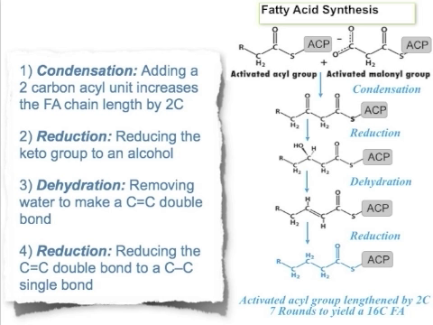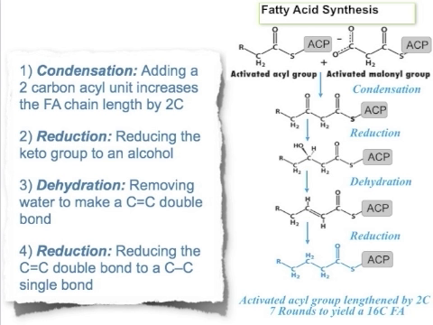And so these are the reactions that we're going to do to make fatty acids. We're going to start with condensation. We're going to add a 2-carbon acyl unit to increase the fatty acid chain length by 2 carbons with each round of synthesis. We're then going to reduce the keto group to an alcohol. The third step is a dehydration. We're going to remove water to make a carbon-carbon double bond.